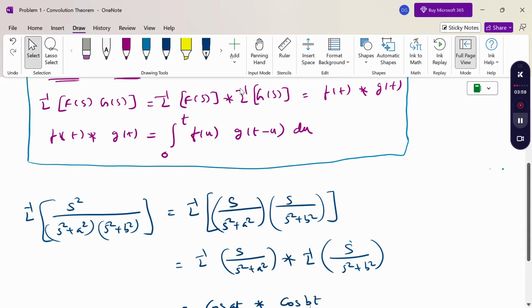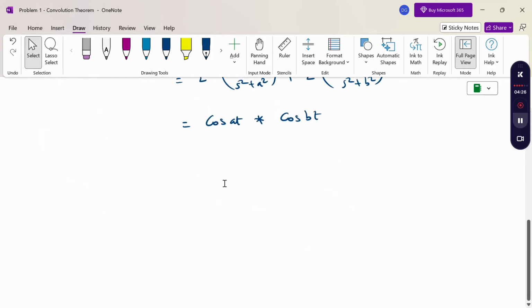See here, when f of t star g of t, then change this, because I want to remove this convolution theorem symbol. How to remove it? Take the integration, where t is replaced by u, and the other t is replaced by t minus u. We can consider either way: the first term f of t, second term g of t, or the second term f of t, first term g of t. Two functions, that's all. We can take anything.